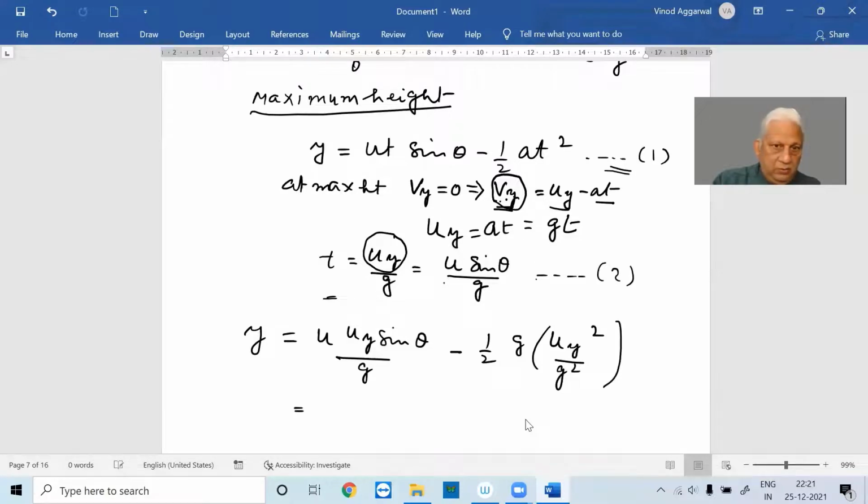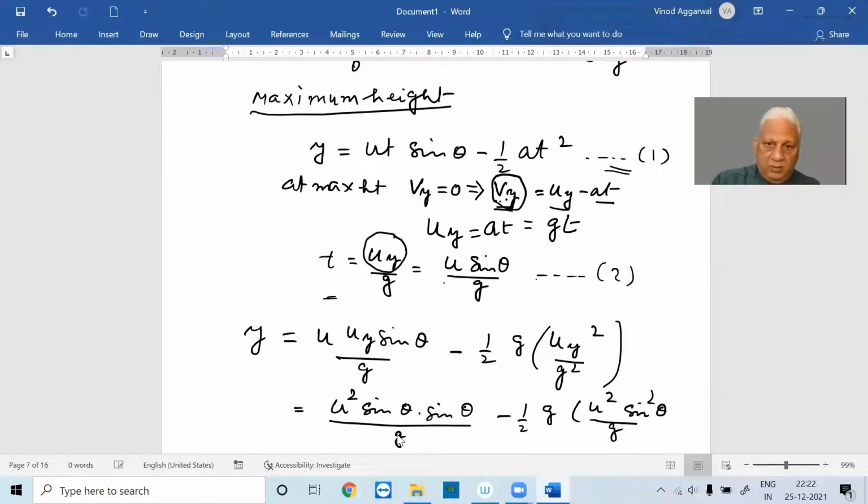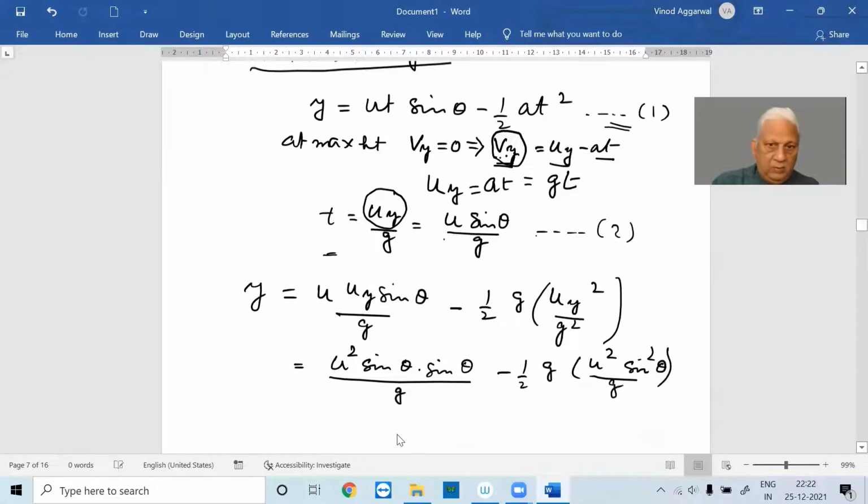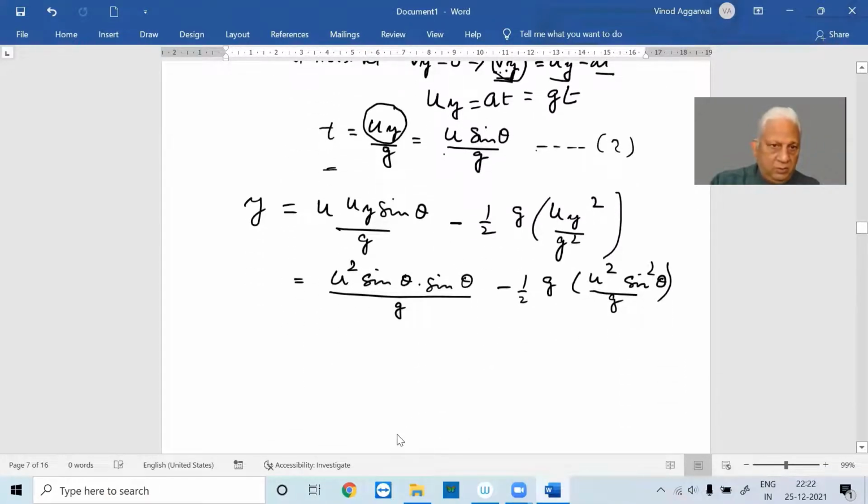This is equal to u square sin square theta by g, minus half of it.